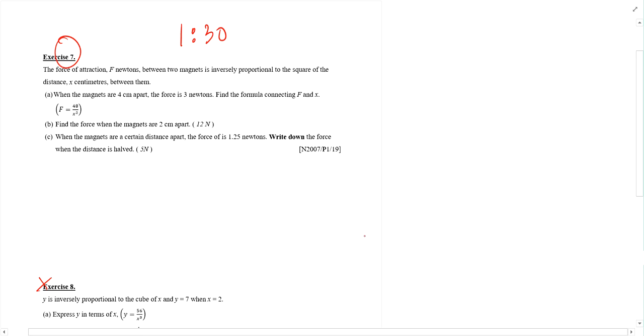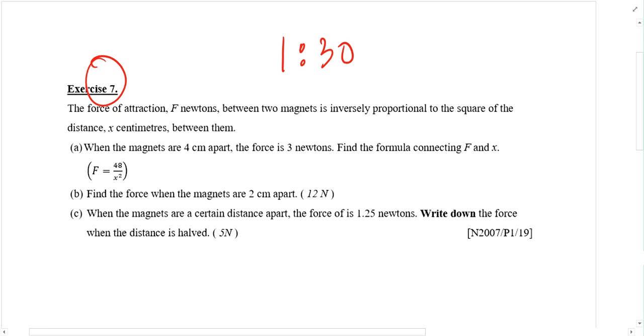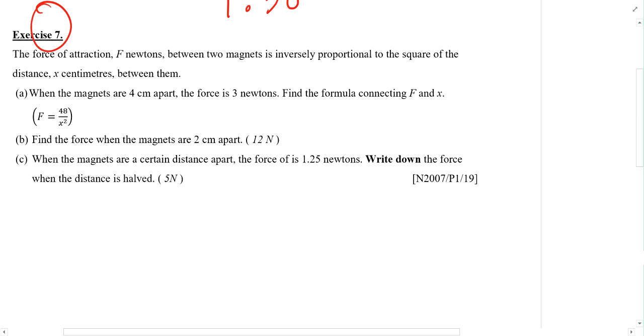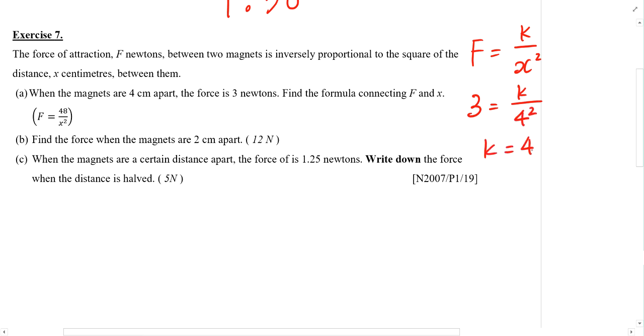Okay, let's resume. Part A. F equals k over x squared. Inversely proportional to the square of the distance. 3 equals k over 4 squared. k equals 16 times 3, 48.